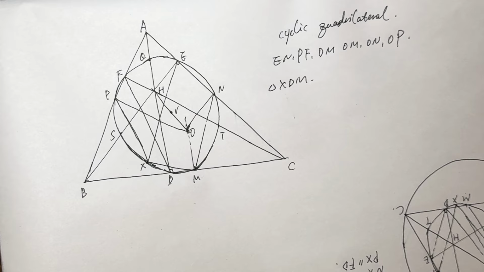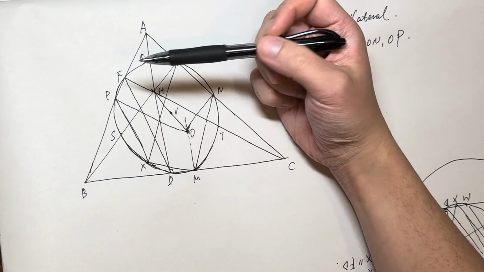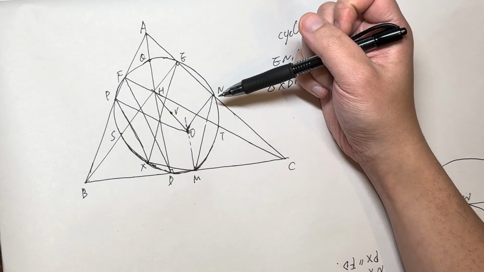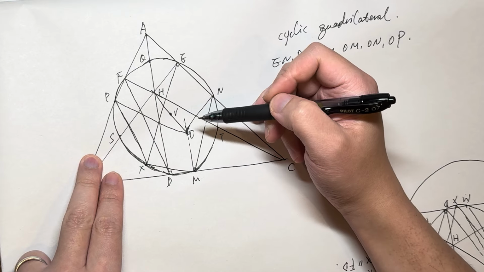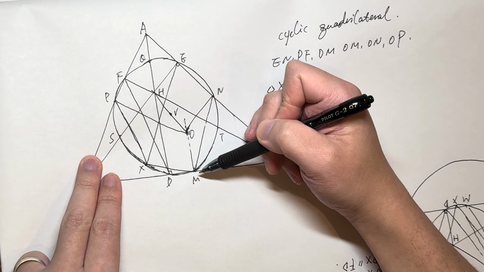Let's see. The question is how can we form this quadrilateral? Let me think. Because we want to have ON and OP and OM in a way, right?